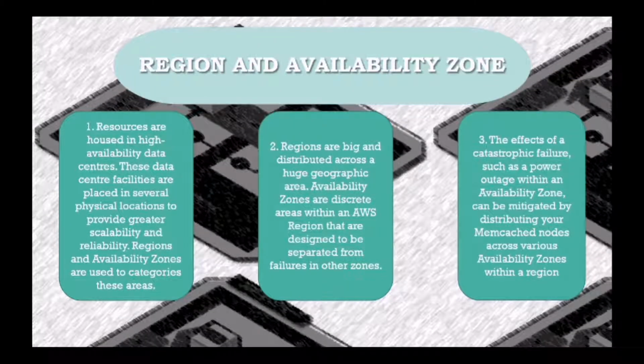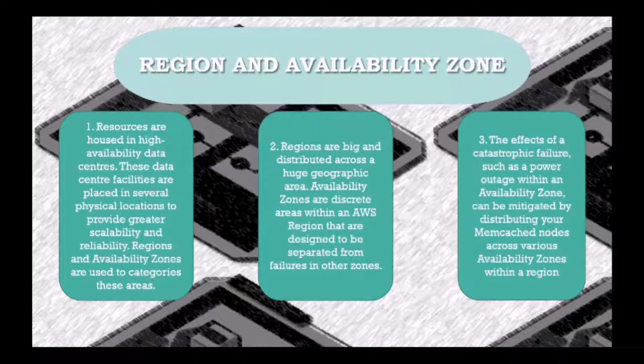So this is region and availability zone. First, resources are housed in high availability data centers. These data center facilities are placed in several physical locations to provide greater scalability and reliability. Regions and availability zones are used to categorize these areas. Number 2, regions are distributed across a geographic area.